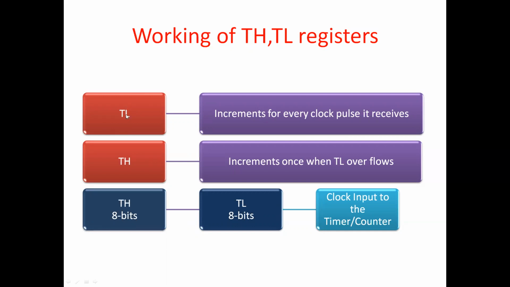Like that, if TH and TL both become all ones, then for the next clock pulse TH becomes 0 and TL also becomes 0. That we call the overflow condition. So TH is 8 bits, TL is 8 bits. Clock is applied, first TL is incremented, once it overflows TH is incremented, and once both are completed, TF will be set.